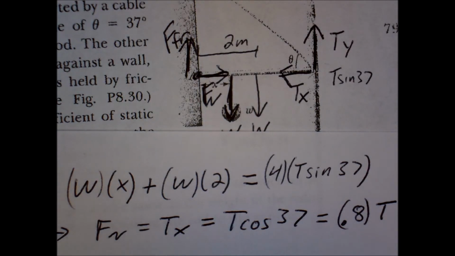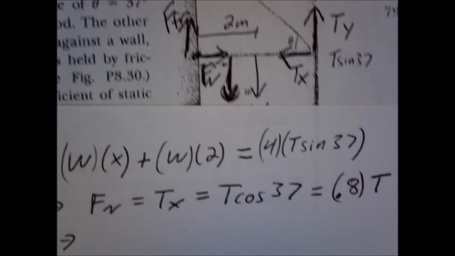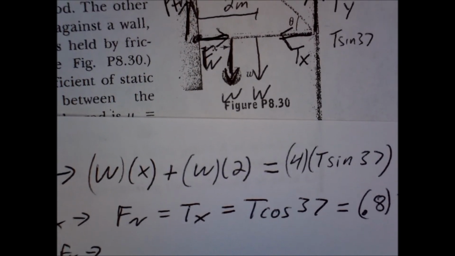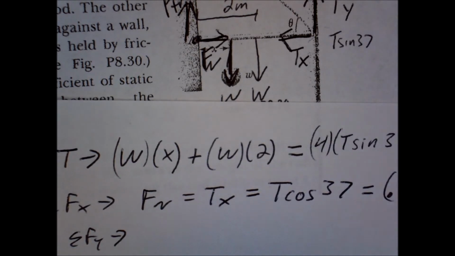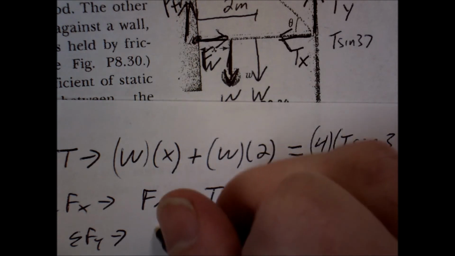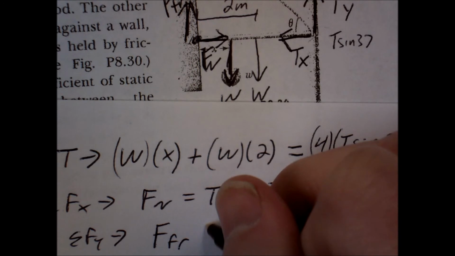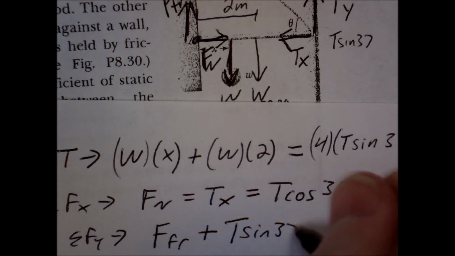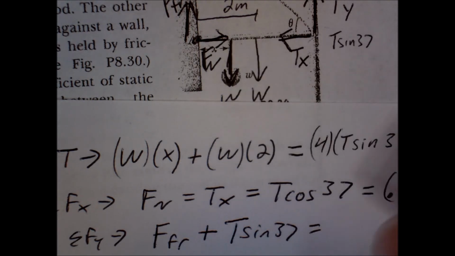Okay, let's do our y summation. We do have 4 forces. We have friction going up, we have Ty going up, so I'm going to write it out as T sine 37, and then we have the 2 weights going down, so W plus W, or 2W.